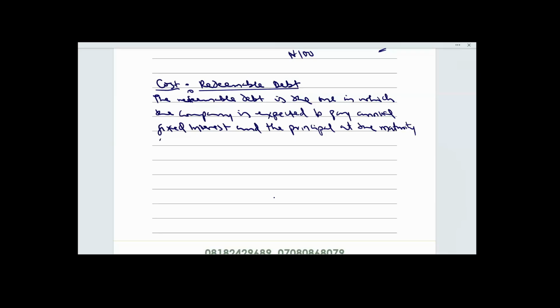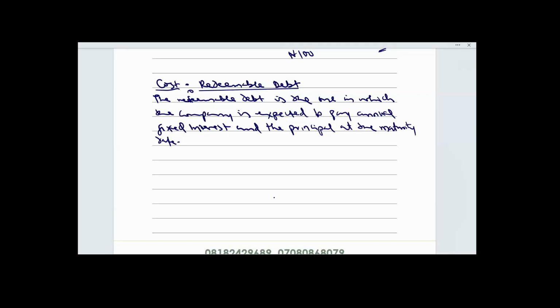Maturity date is the same thing as redemption date. When you talk about redeemable debts, every year the company will be paying annual fixed interest. At the redemption date, that is the date when the debt will mature, the company will redeem it, and at that date the company will pay both the fixed interest as well as the principal sum.